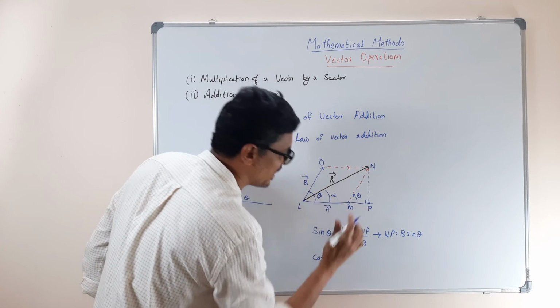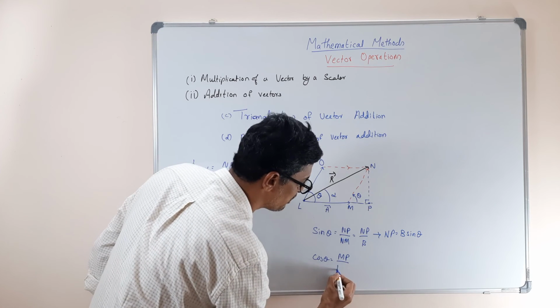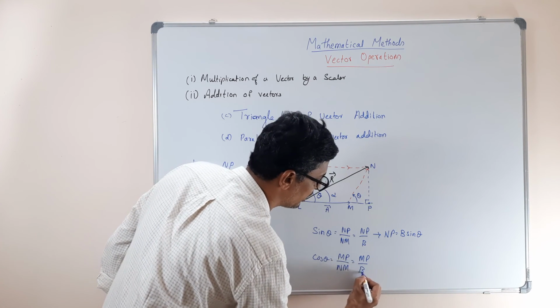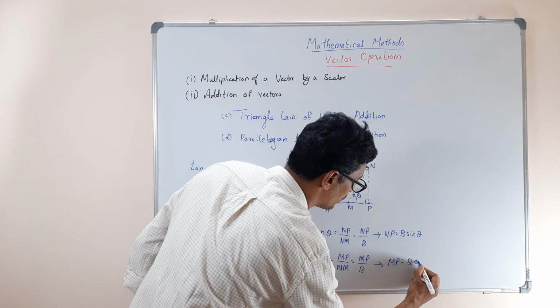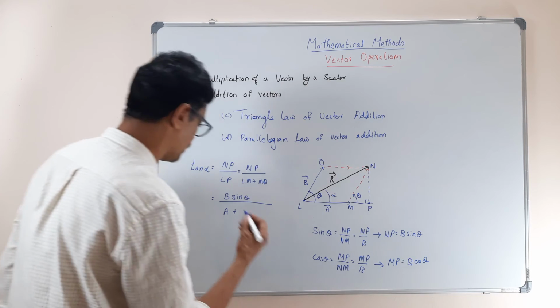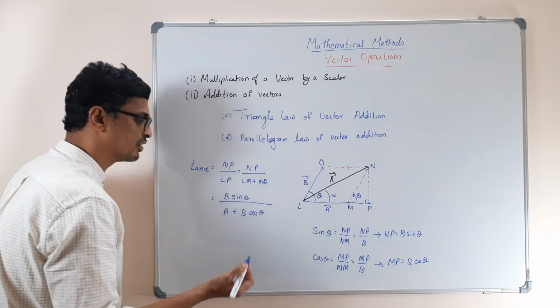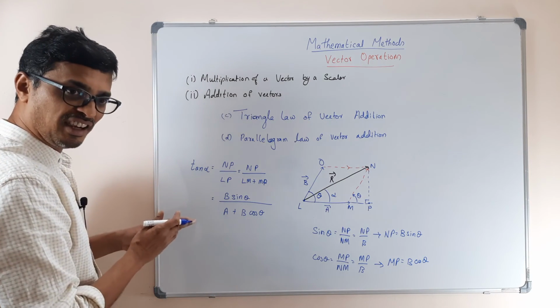Cos theta of this will be MP divided by NM, that is MP divided by B, or this gives you MP will be equal to B cos theta. That's all we got. Okay, we want to find out alpha, right?